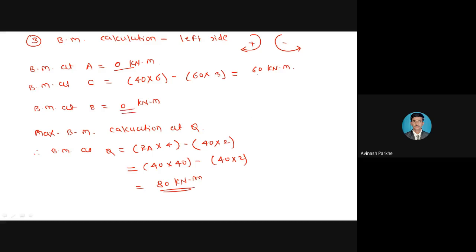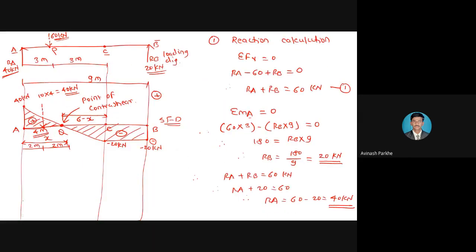Bending moment at point C, you can see here 60 kilonewton meter, but bending moment at Q is the 80 kilonewton meter. That means if I will compare the bending moment value of point Q to the another values, the bending moment at point Q will be maximum, and that point is called as a maximum bending moment. So I will draw the bending moment diagram now.